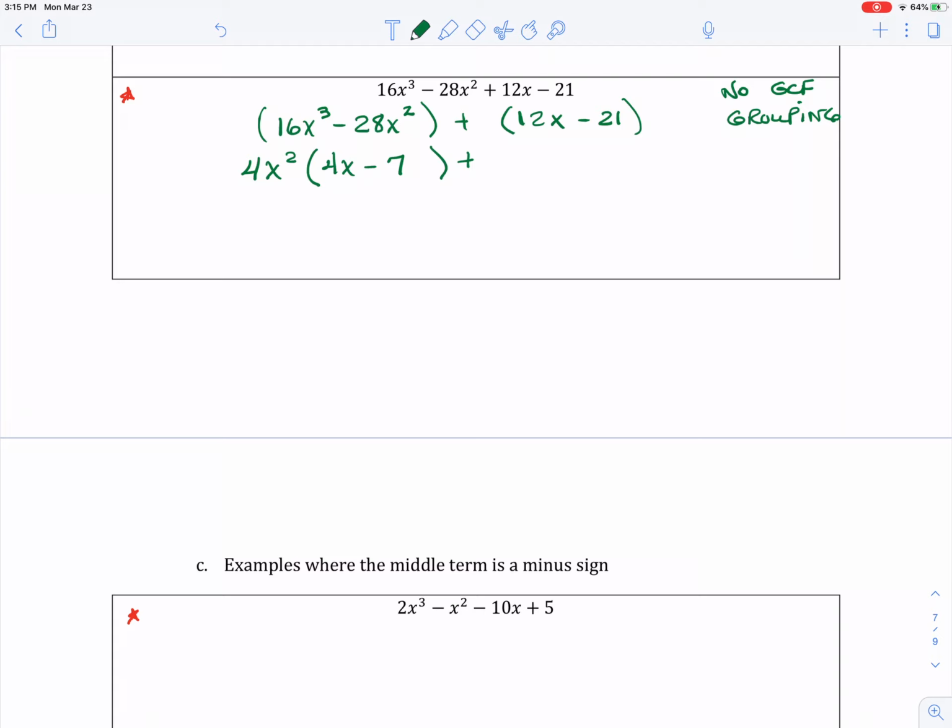In common on the next pair, I see just the number 3, which also leaves a 4x minus 7. And again, you see these common parentheses. So you write that out in front and pick up the remaining pieces from these terms that sit out in front of the parentheses.